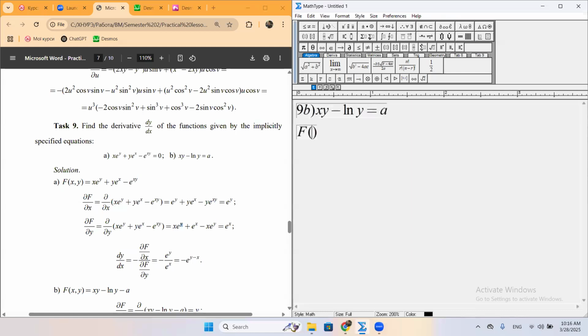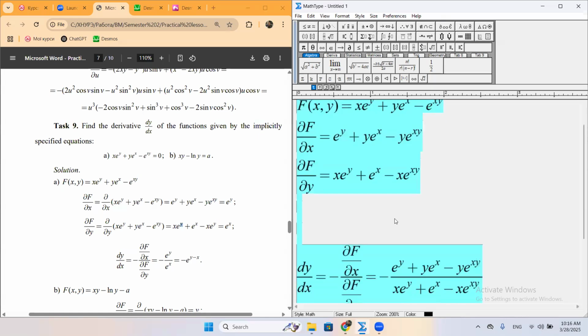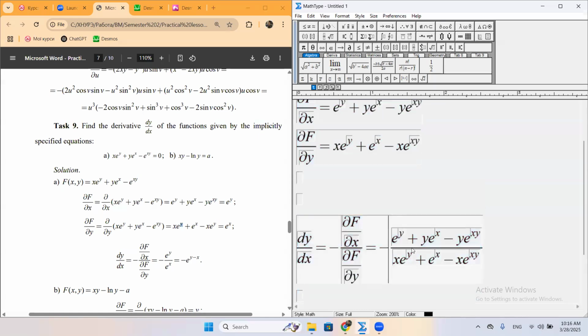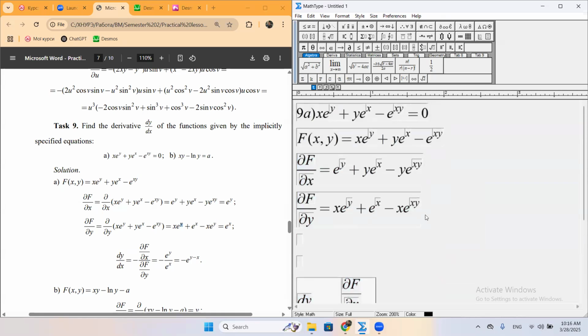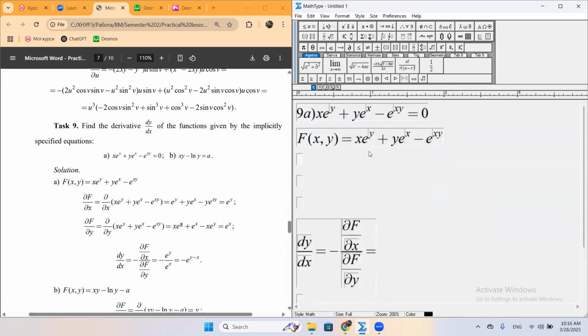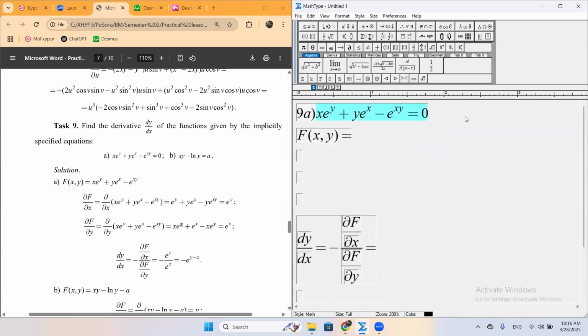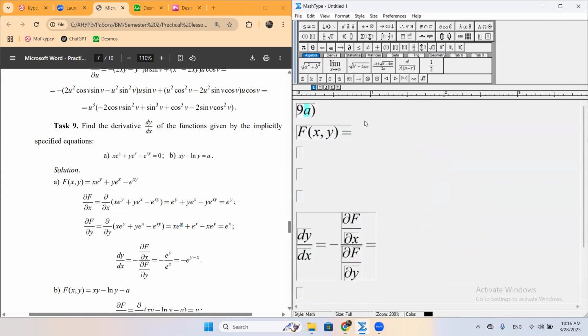So xy minus logarithm of y equals a. So we have the following expression: f of x, y equals xy minus logarithm of y minus a.